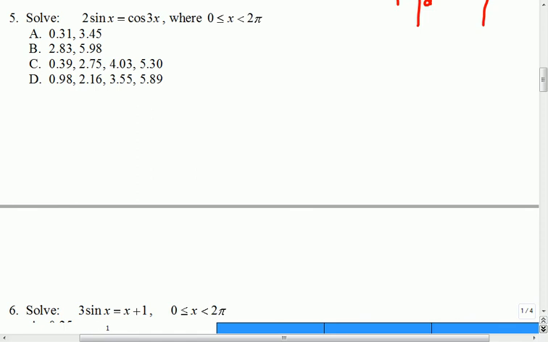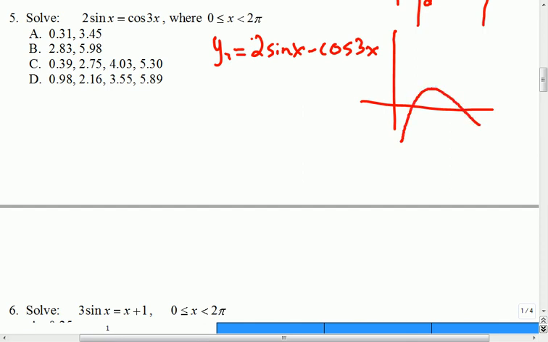In the next one, I would have gone y1 equals 2 sine x minus cosine 3x in order to use the zero method. Again, in this situation, 2 sine of x minus cosine 3x. Oops, one second.